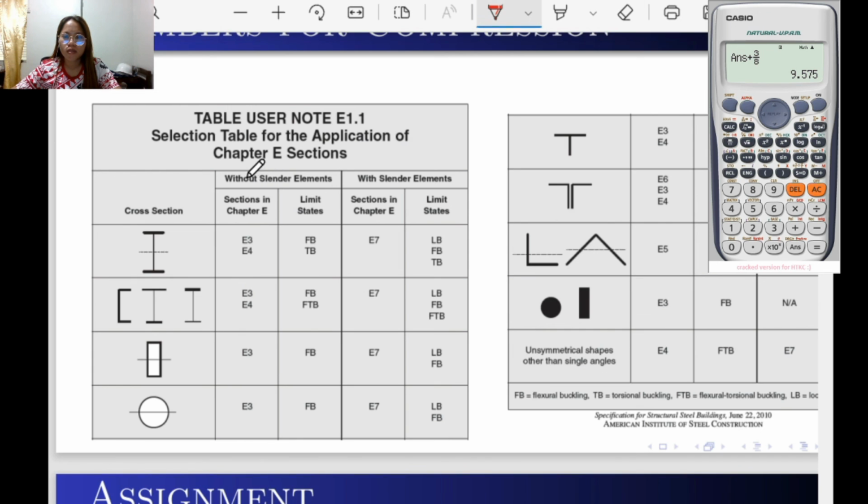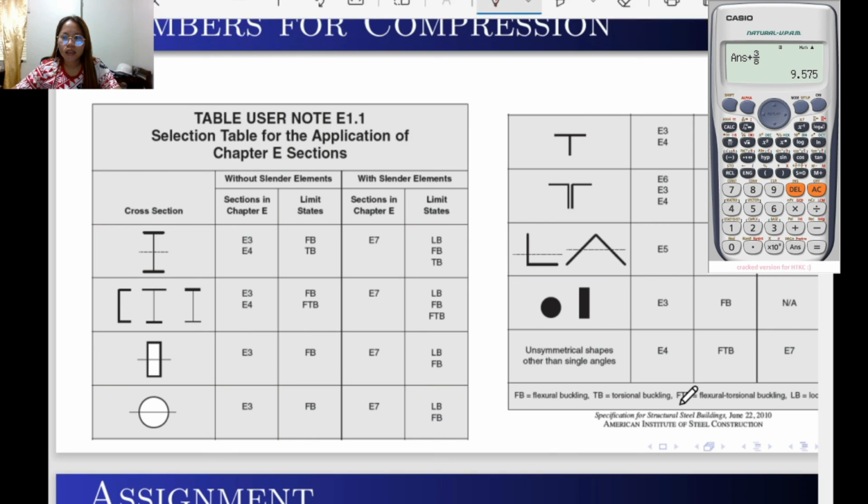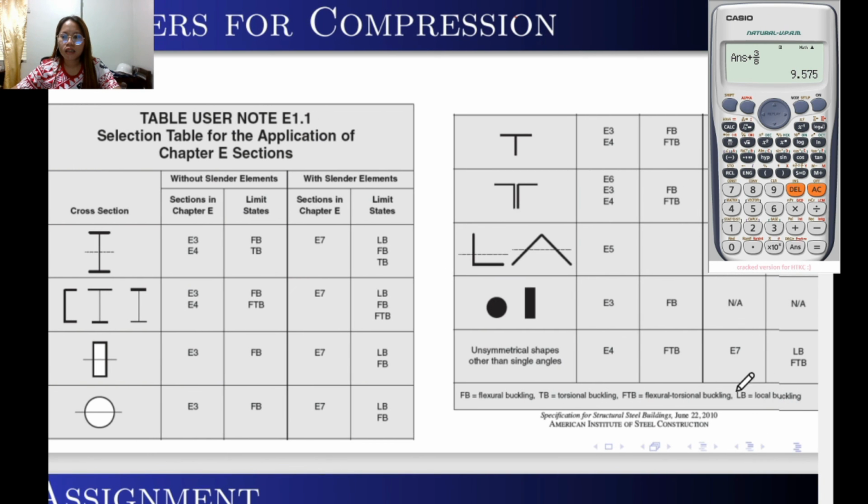So the limit states for this without slender elements for this cross section is FB and TB. This FB is flexural buckling and TB is the torsional buckling. Then if this cross section is with slender elements, the limit states include LB. You have the local buckling, LB, FB, flexural buckling, and torsional buckling.